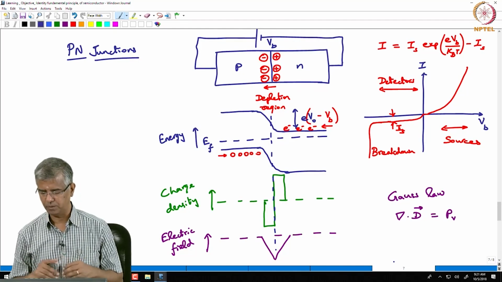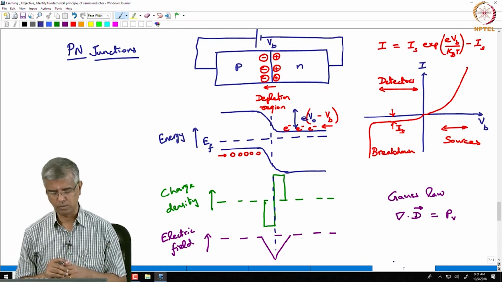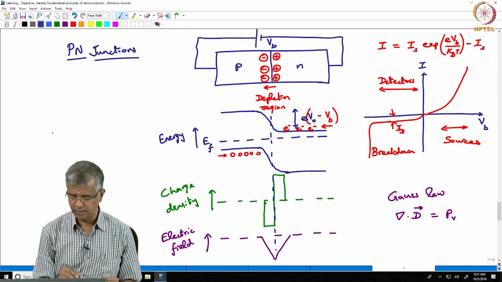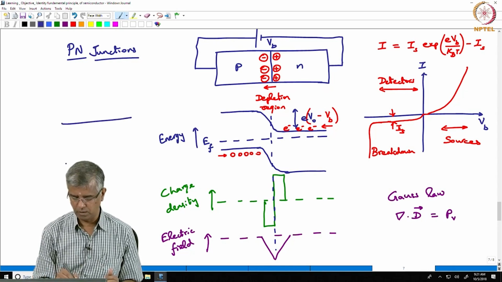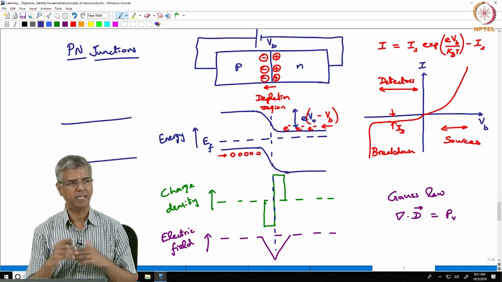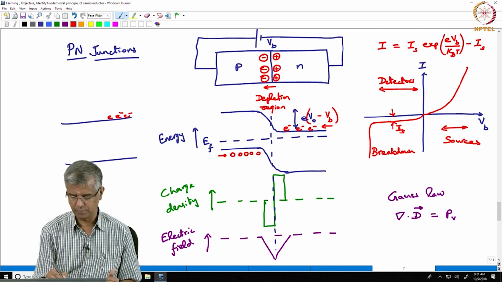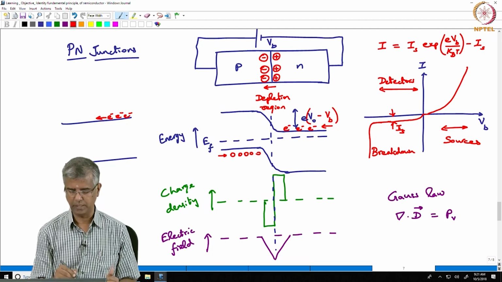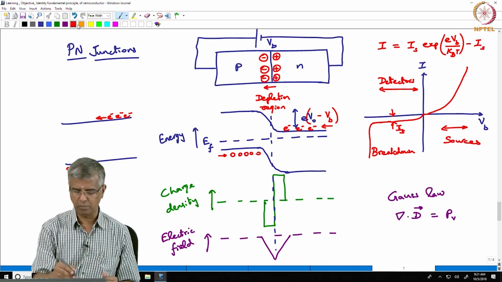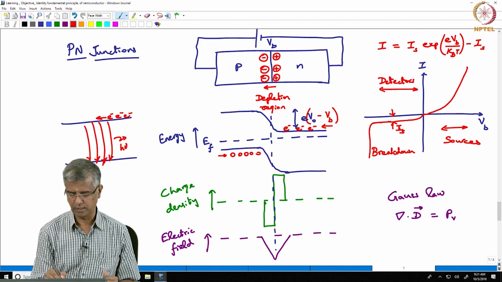When you are talking about recombination of electrons and holes under certain forward bias conditions, your conduction band and valence band are aligned, and so you have all these electrons going from here and all these holes that are injected from here, and then you could have recombination events happening over here, which results in light emission.